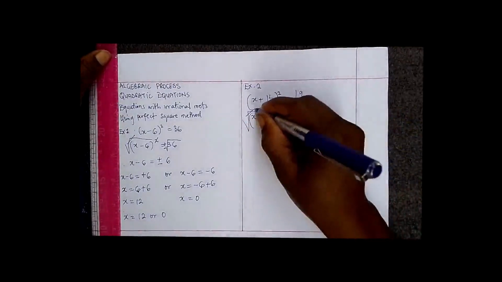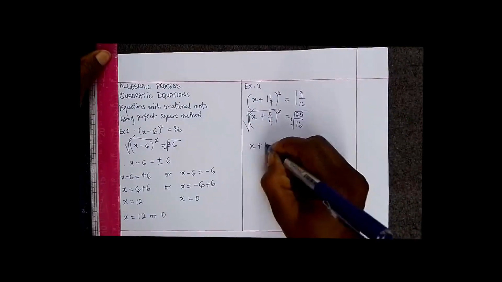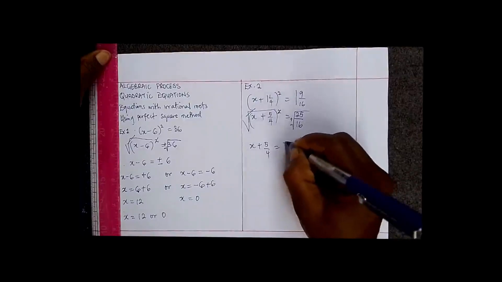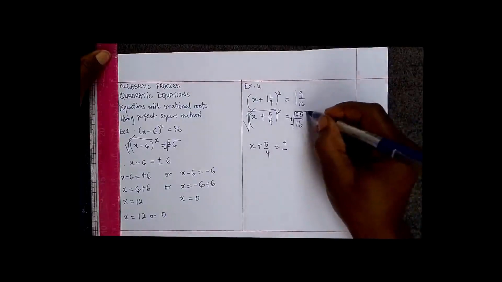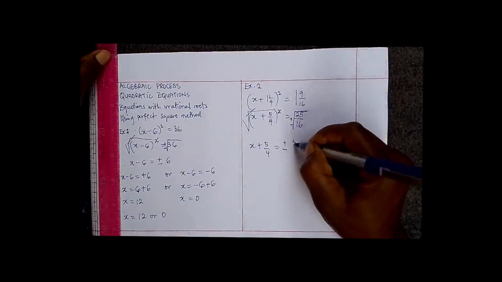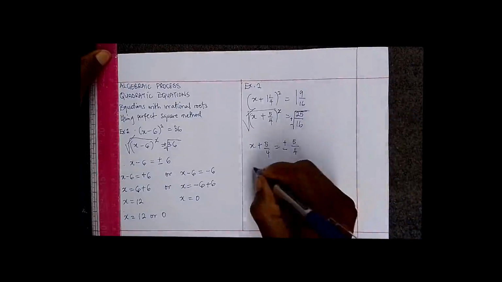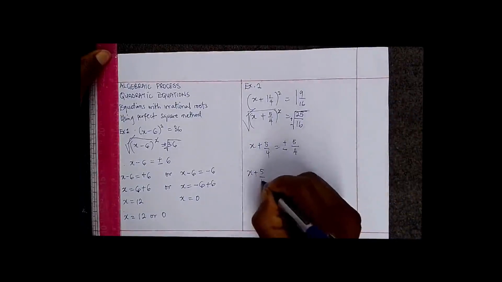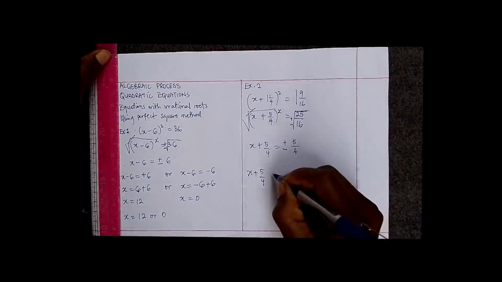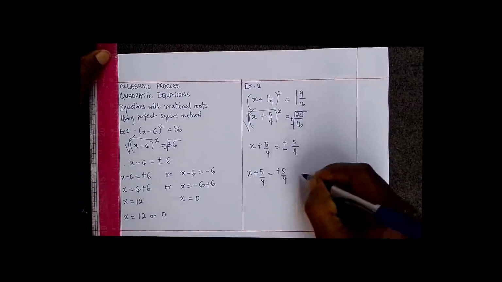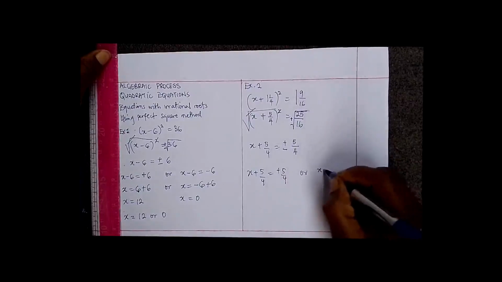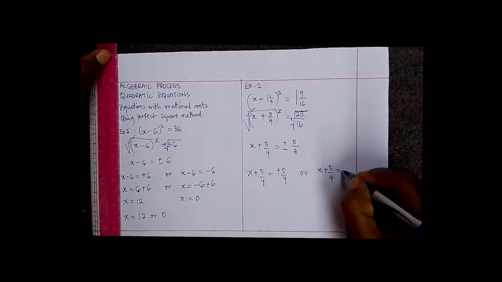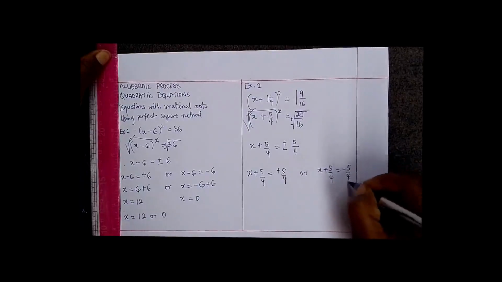The square will cancel the square root, so we are left with x + 5/4 = plus or minus. What is the square root of 25? 5. But the square root of 16 is 4. It then means that x + 5/4 = +5/4, or x + 5/4 = -5/4.